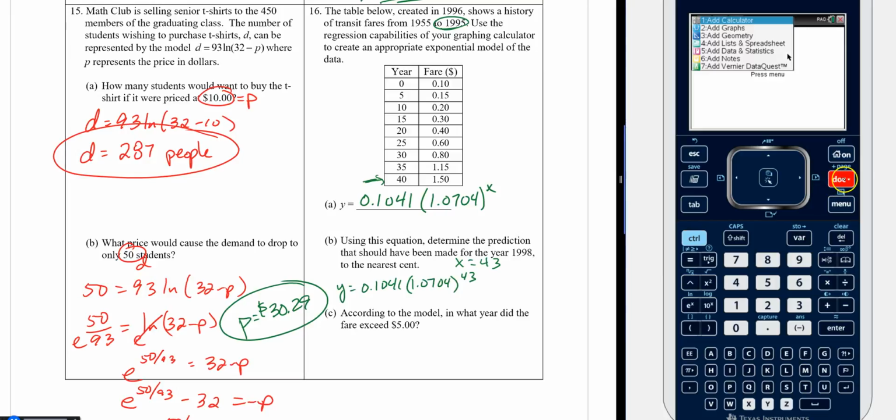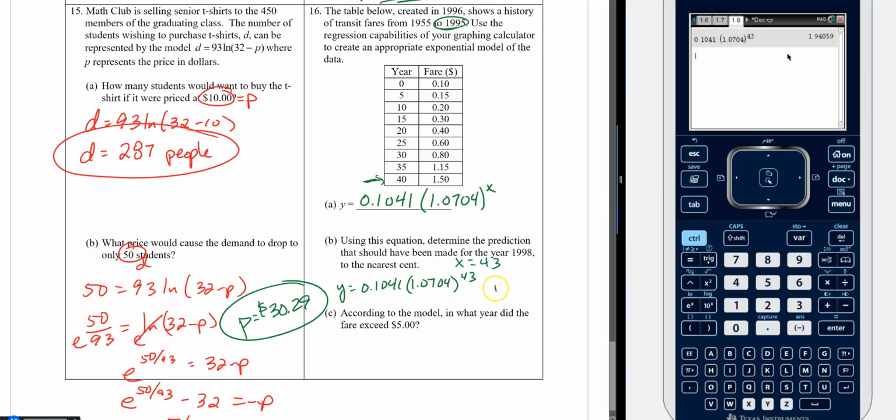I'm going to go back to a calculator page. 0.1041 times 1.0704 to the 43rd, and that gives me 1.94. So that's $1.94.